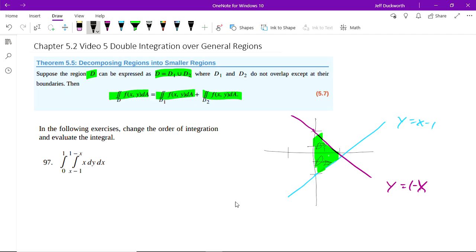All right, so with D1, we've got y equals 1 minus x, which means that x equals 1 minus y. So that's what we're looking at for that.